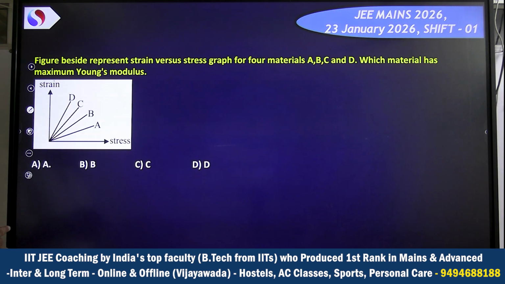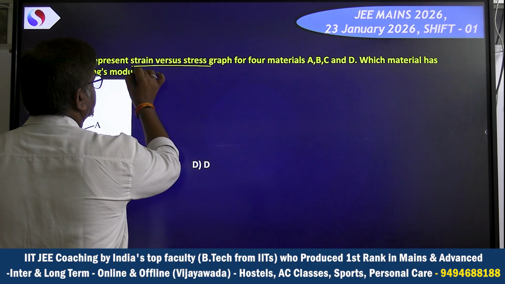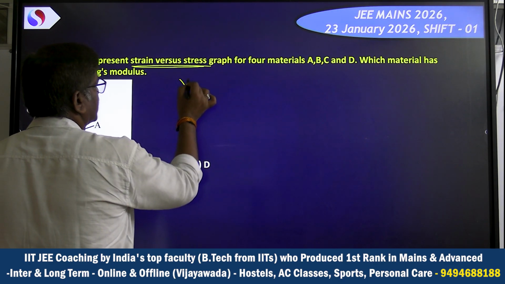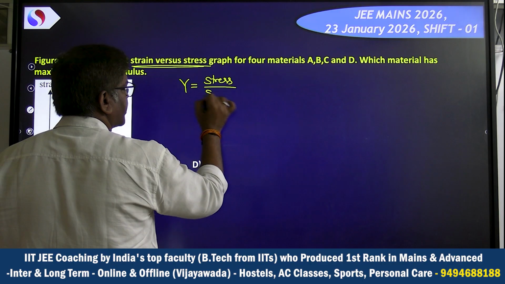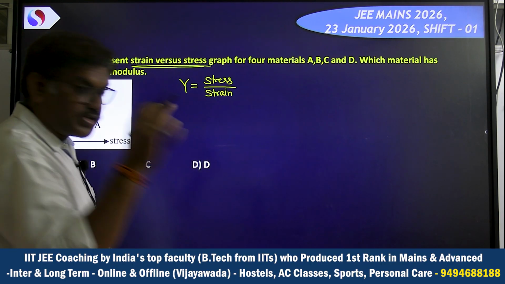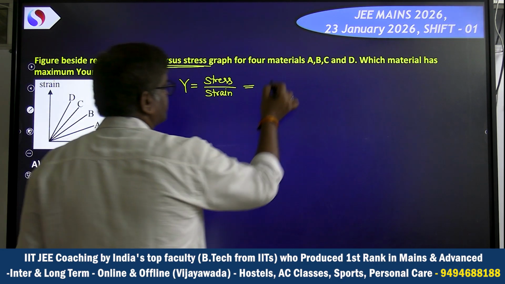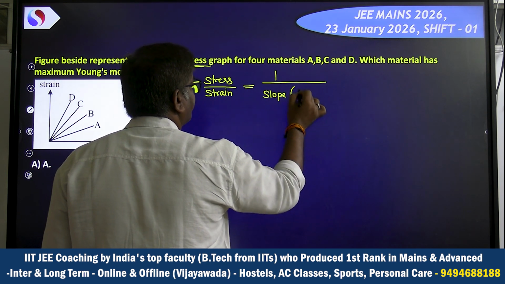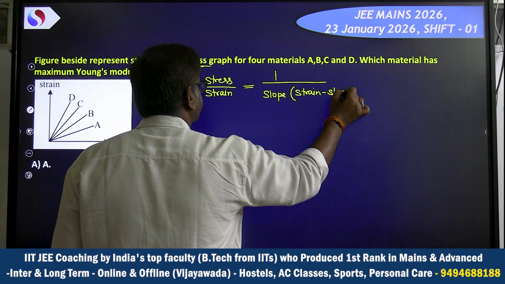The figure besides represents a strain versus stress graph. Noted, strain versus stress. And they are talking about maximum Young's modulus. Young's modulus is stress upon strain, which is the slope of the stress-strain graph. But here it is given as a strain-stress graph, so I will say it is 1 upon the slope of the strain-stress graph.